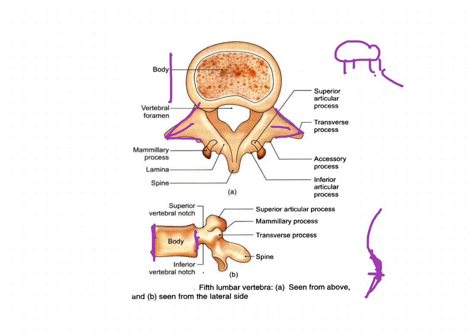The superior articular facets look more backwards than medially, and the inferior articular facets look more forward than laterally as compared to the other lumbar vertebrae. These are all the distinguishing features of the fifth lumbar vertebra compared with the typical lumbar vertebrae.